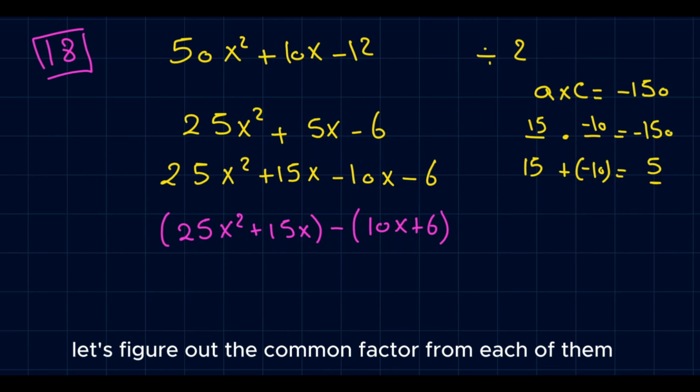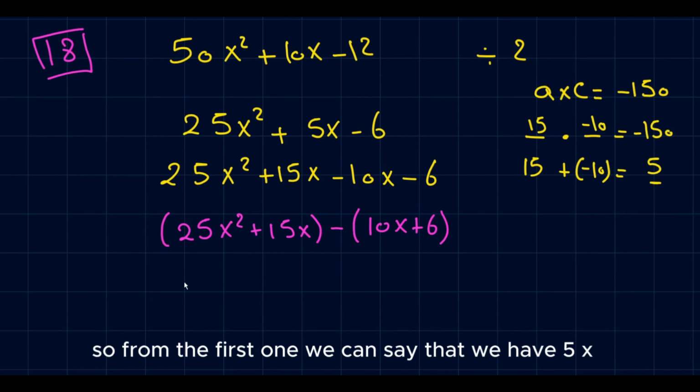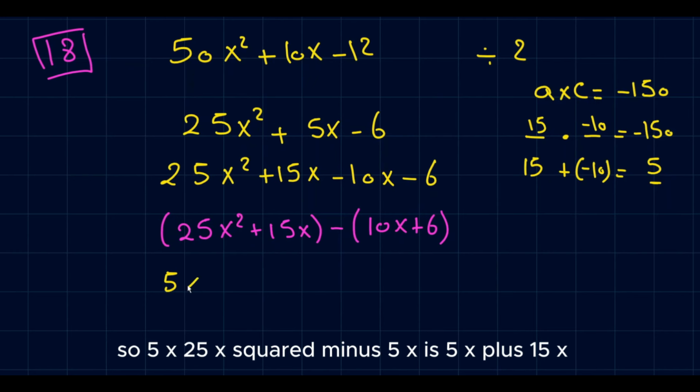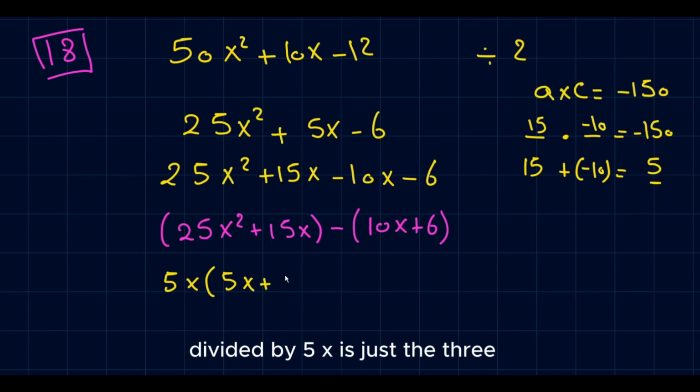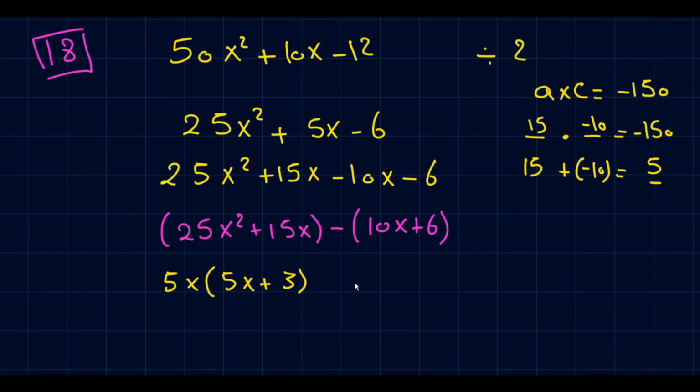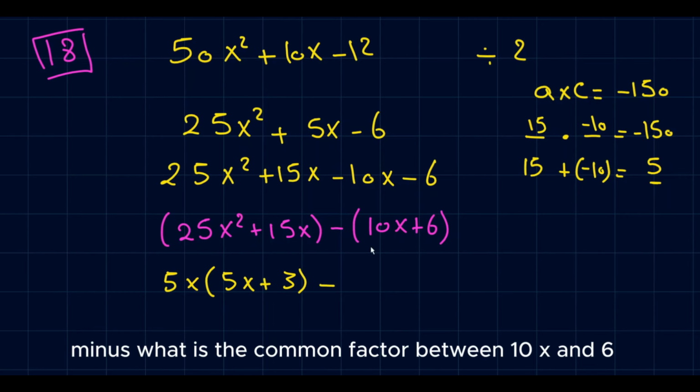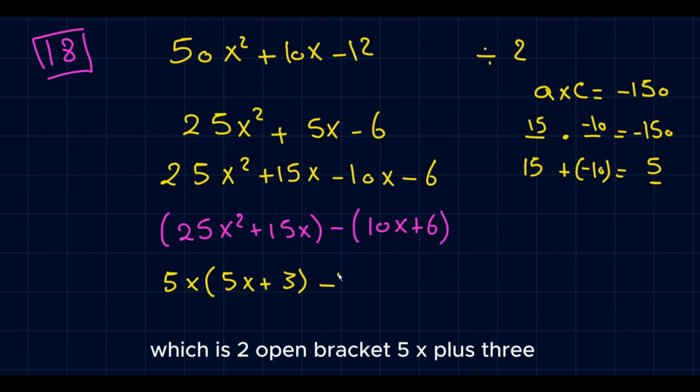Now let's figure out the common factor from each of them. So from the first one, we can say that we have 5x. So 25x squared divided by 5x is 5x, plus 15x divided by 5x is just 3, minus, what is the common factor between 10x and 6, which is 2, open bracket, 5x plus 3.